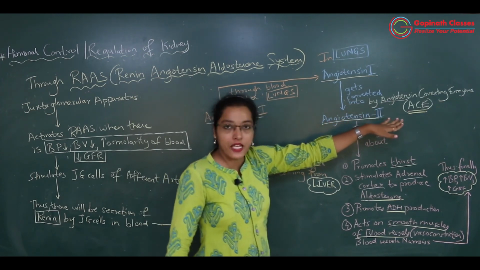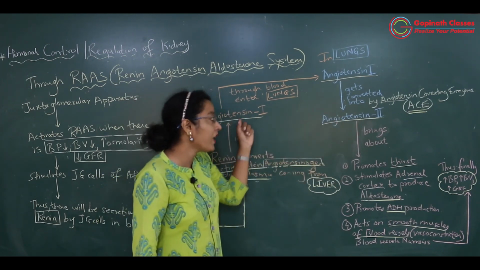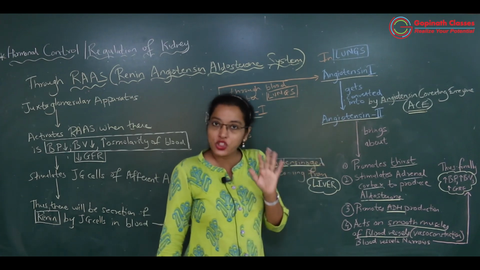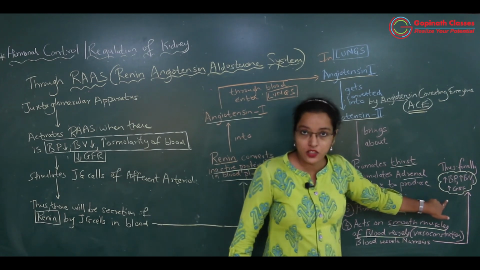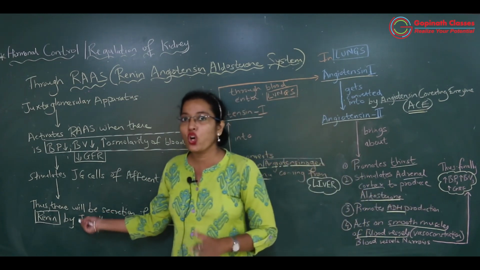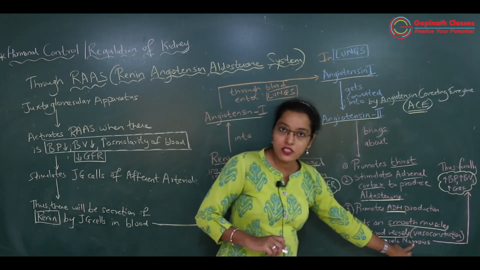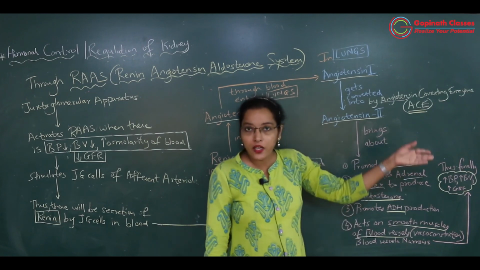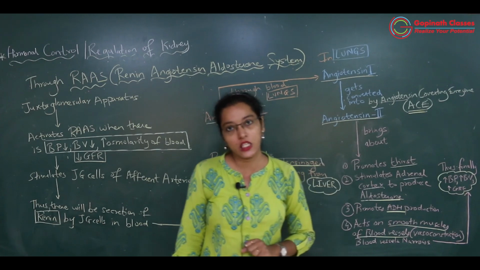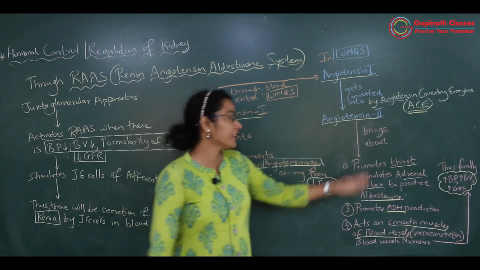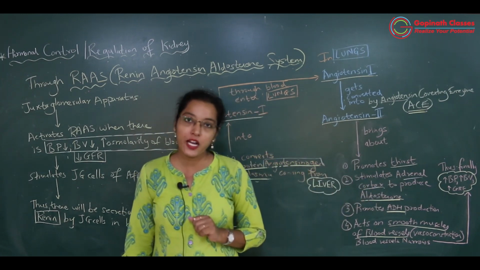Angiotensin converting enzyme, and this angiotensin converting enzyme will convert angiotensin 1 to fully active form angiotensin 2, and angiotensin 2 will thus bring about the final result. So can I say renin is also involved in constriction of the blood vessels? रेनिन है तब जाके आगे का process हो रहा है, renin ही नहीं रहता तो angiotensin 2 कभी बनता ही नहीं, and if angiotensin 2 is not there, there will be no proper regulation of blood pressure and blood volume.